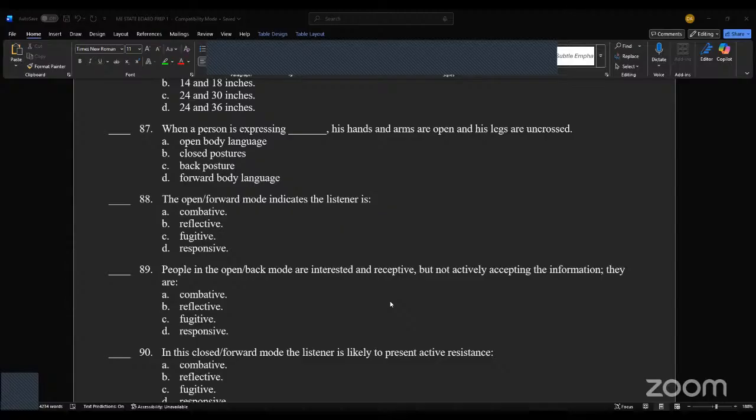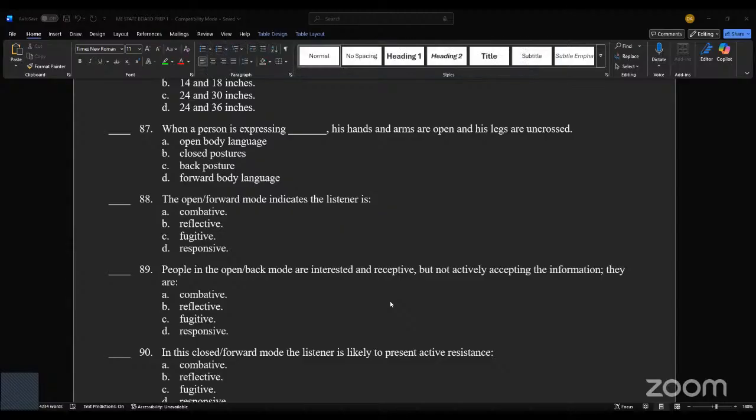It looks like they may not be interested, or they may be ready to come back and say something against what you're saying. But for me, I may be really listening. I may not be saying anything, but I'm pulling all the information in so I can make it make sense. So 89 is reflective, and 9 times out of 10, people who are reflective are going to ask questions, and they're going to repeat what you said to make sure there's clarity.